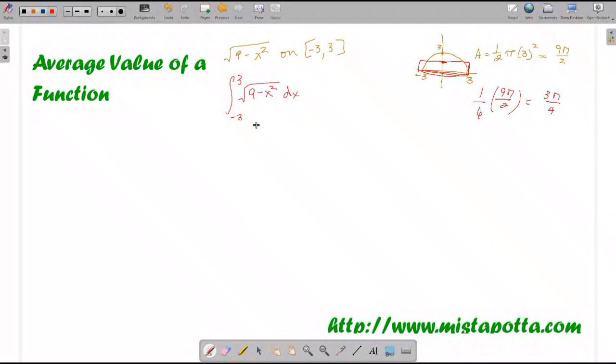And that's why we learn those geometric formulas, because I have no idea what big F of B and big F of A are going to be here. But I know that if I take this 1 over B minus A times this integral, this is going to be my average value, which I know geometrically is 3 pi over 4.